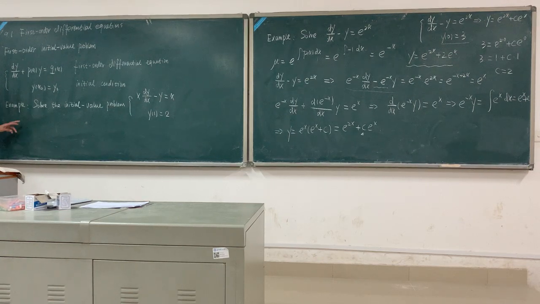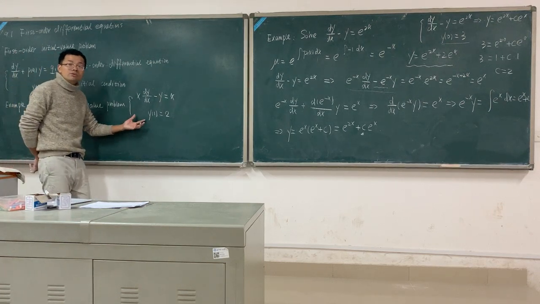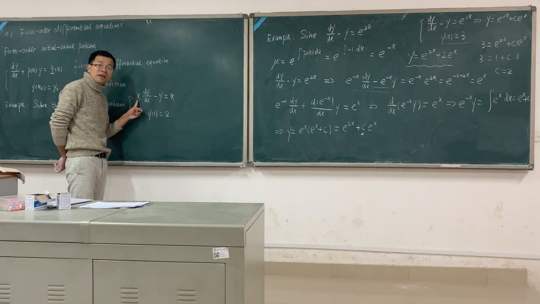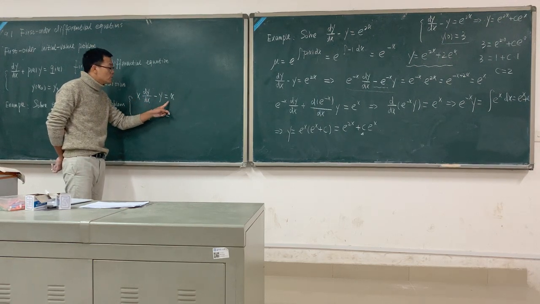So now we need to solve this initial value problem. Here we have x times dy/dx minus y equals x.